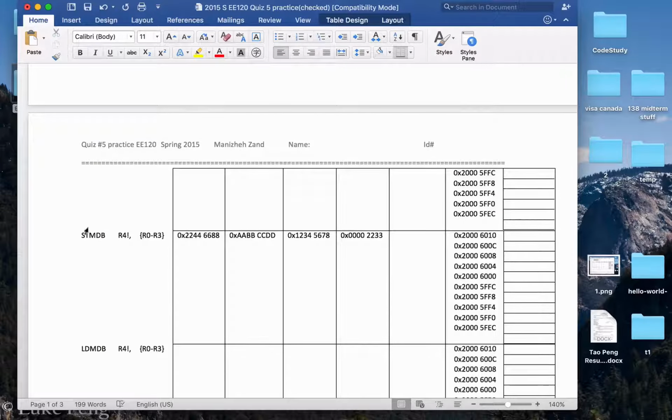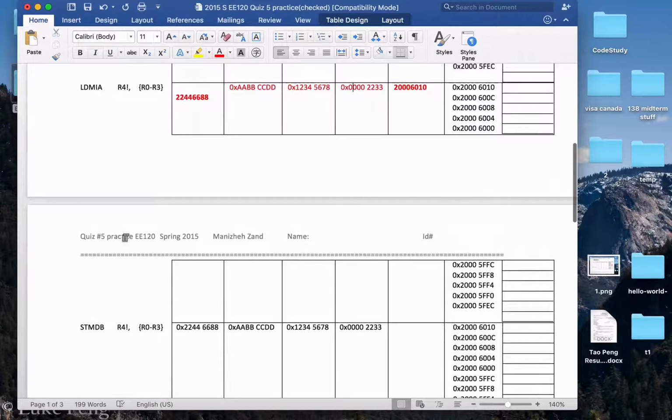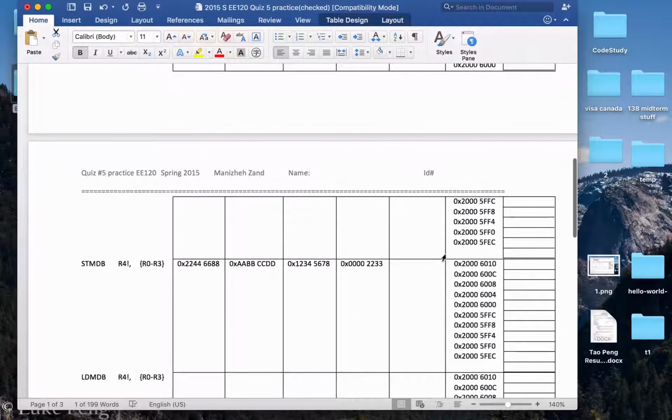So I store again from R4. So where's my R4 right now? My R4 right now is 20006010, which is here, right? And what I'm doing, I decrease before, so I decrease first.